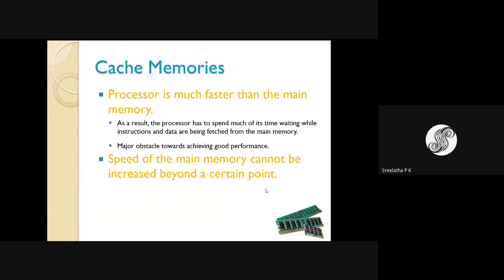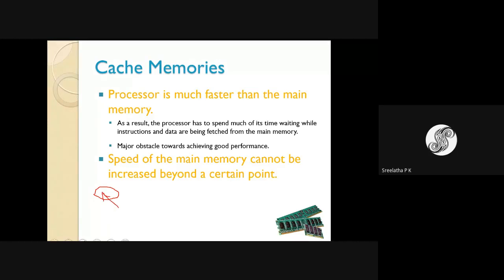Now when we talk about the hard disk, it takes some milliseconds to get the data. You had seen the hard disk in a particular video. It is a magnetic disk in which there is a read write head.